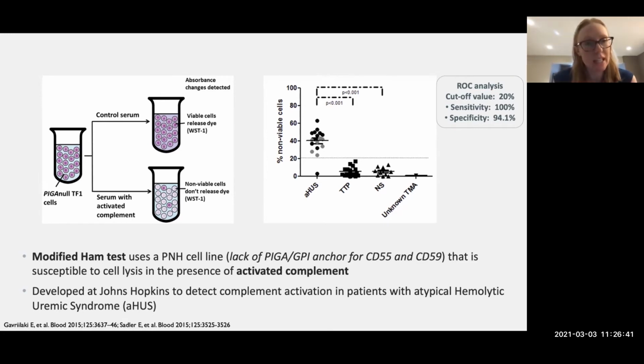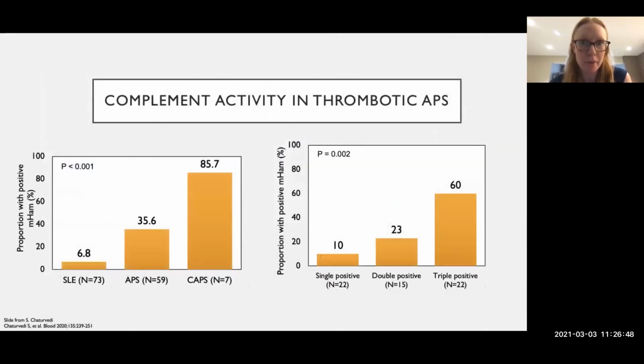But could we use this in antiphospholipid antibody syndrome, where we know that there may be this complement activation happening? And so this was a landmark plenary talk at ASH and a landmark study published in Blood from Dr. Chaturvedi and colleagues that showed that there is this increase in functional complement activity in patients with antiphospholipid syndrome compared to those with lupus, and especially in that higher CAPS or catastrophic APS group.